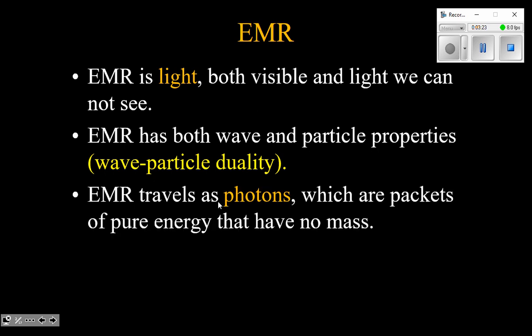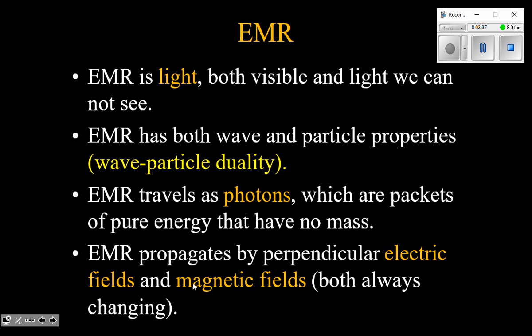So EMR travels as a packet of pure energy called a photon. Where the packets are pure energy, they have no mass, but because they're a packet, that's what gives it the particle-like properties. EMR propagates, allows itself to self-propel, by perpendicular electric fields and magnetic fields.